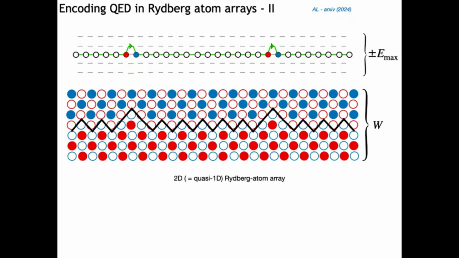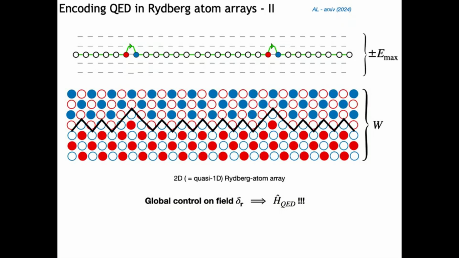And this width is nothing but the size of the allowed electric field values that we keep in the truncation of the gauge field. So in this way, with the natural native Hamiltonians of this condensed matter style spin-spin Hamiltonian, we realize, quite unexpectedly maybe, these kinds of gauge invariant interactions in 1+1 dimensions.